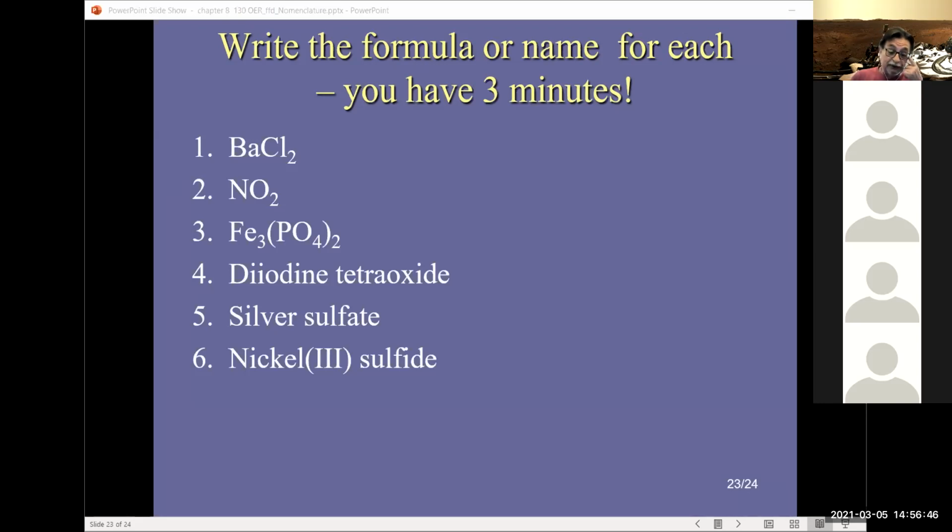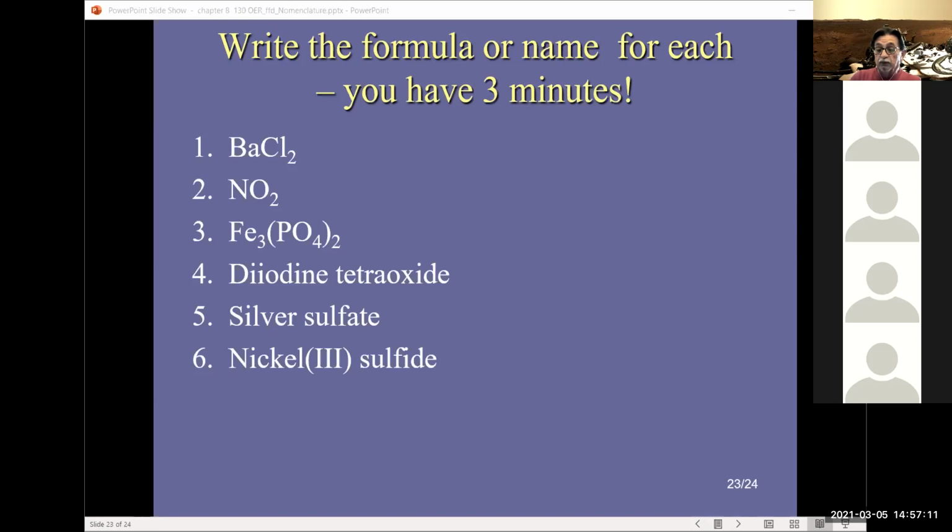All right, number 3, a little bit more of a challenge. First identify ionic or covalent. You can see you got a big old Fe there, which is iron, which means ionic. Second of all, Fe, is it part of the 16? No, it's not. So that tells you I need Roman numerals.